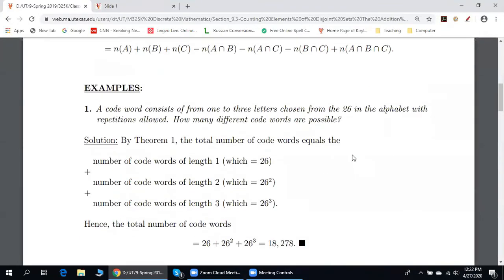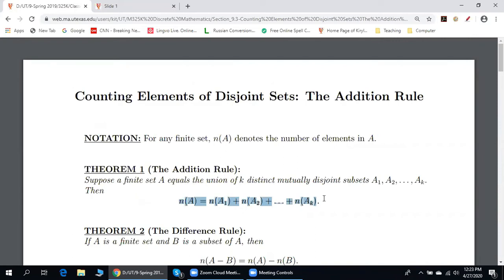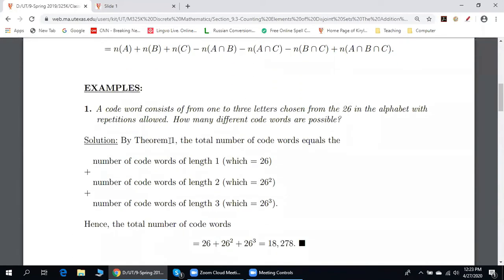Let us discuss examples. A code word consists of 1 to 3 letters chosen from the 26 in the alphabet with repetitions allowed. How many different code words are possible? So we use theorem 1. The total number of code words equals the total number of code words of length 1 plus the number of code words of length 2 plus the number of code words of length 3.